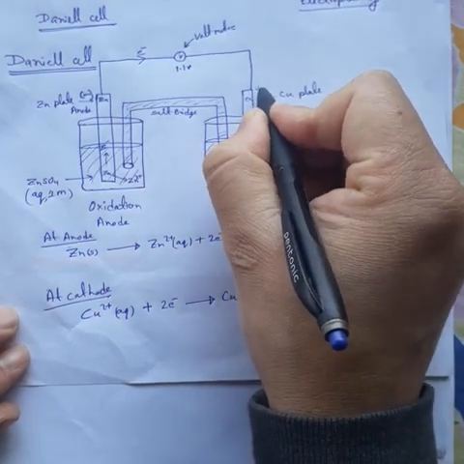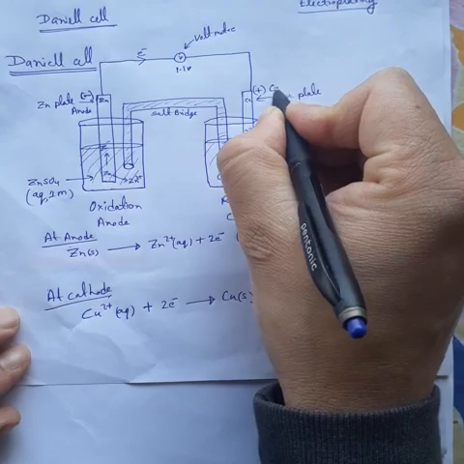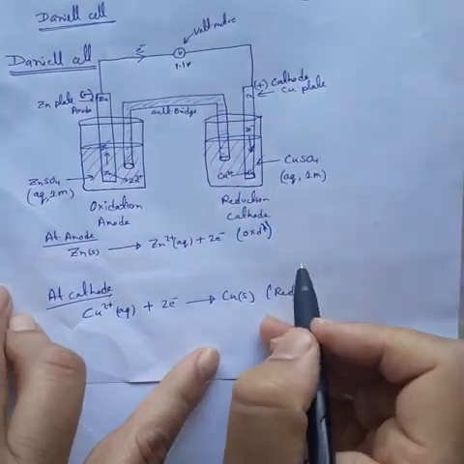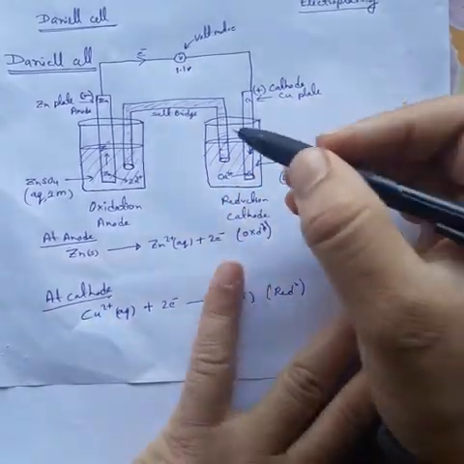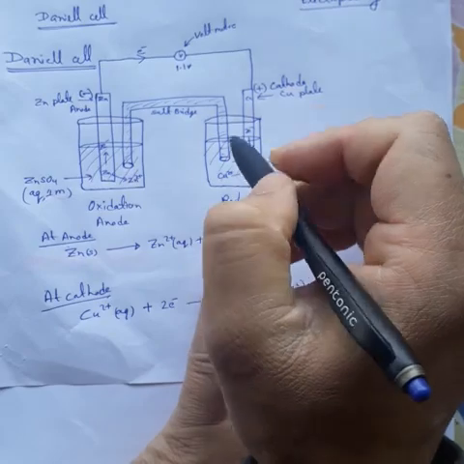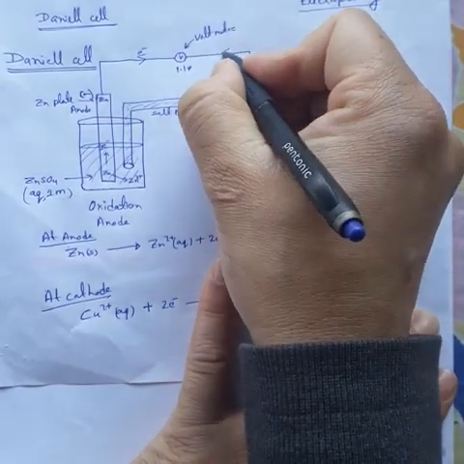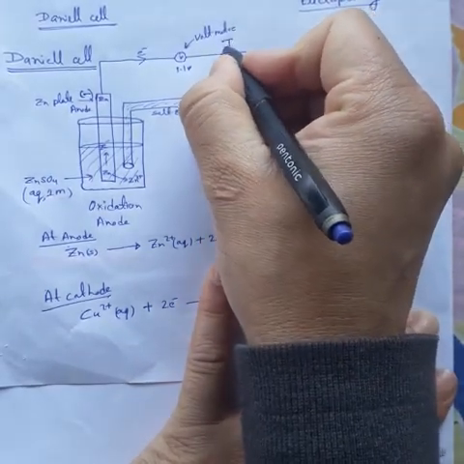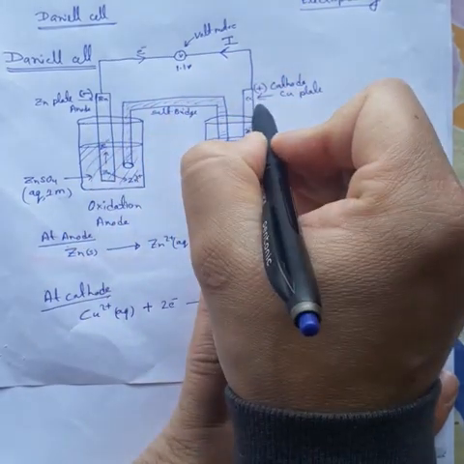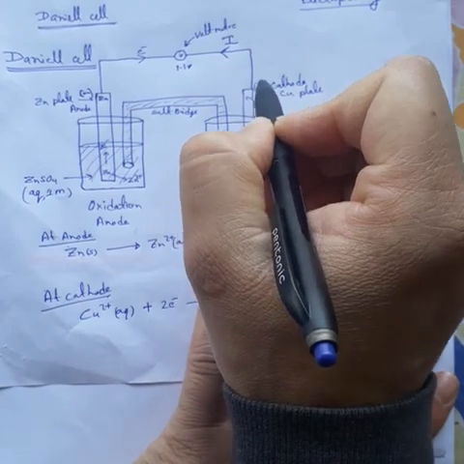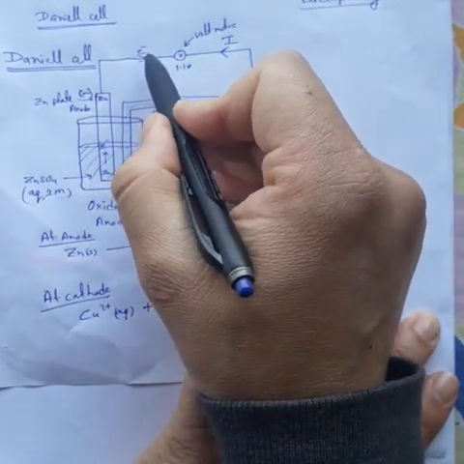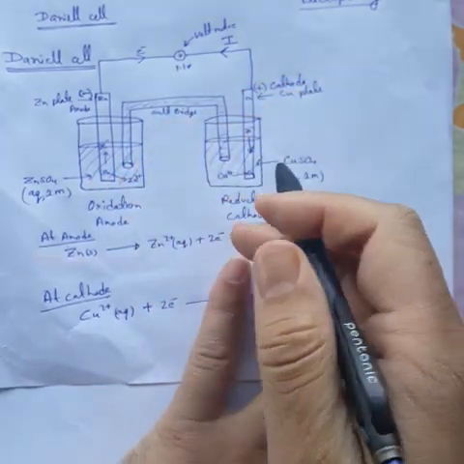So this is positive and we call it the cathode. The movement of electrons is from anode to cathode via the external wire, and the direction of current is opposite to the direction of electrons. Since electrons are moving from anode to cathode, the current is moving from cathode to anode. So this is the direction of current, and this is the direction of electrons.